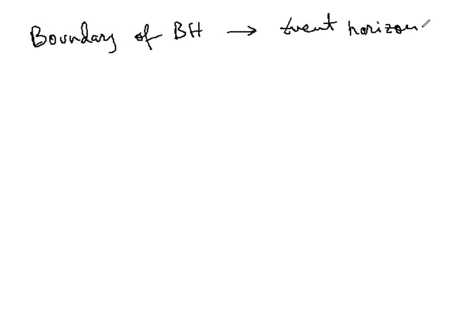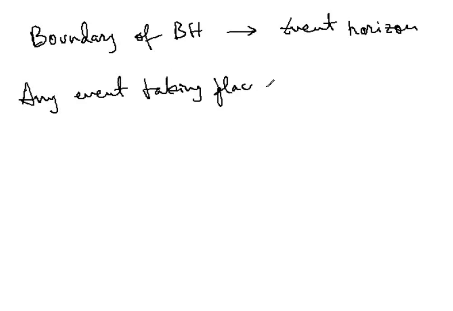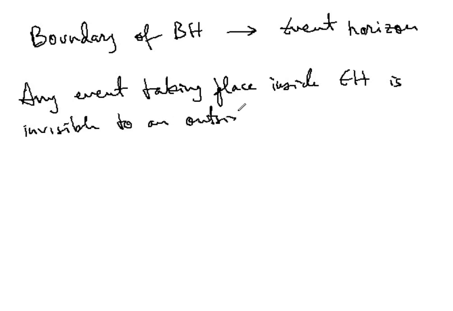So this is the boundary of the black hole, and any event that takes place inside this event horizon is basically invisible to an outside observer.